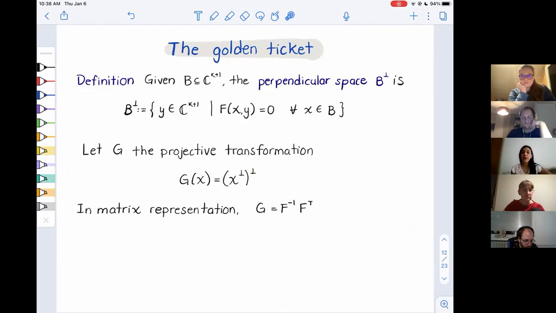In the case when F is not symmetric, this projective transformation G is not the identity, it is something else. Actually, in matrix representation it is this.